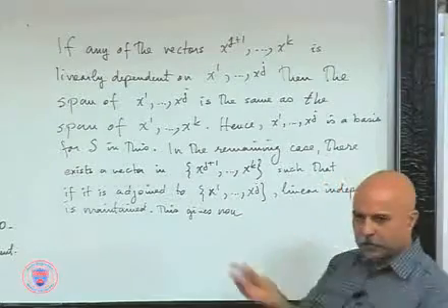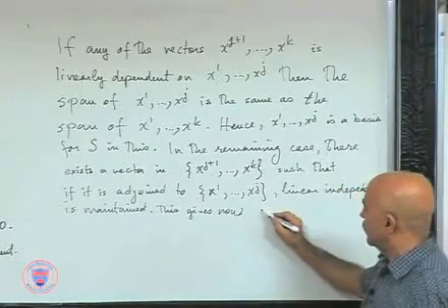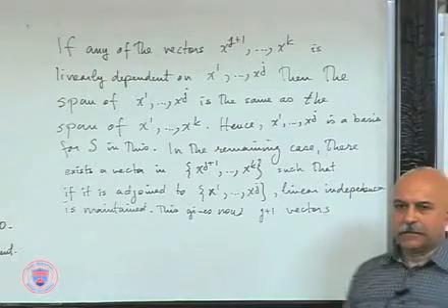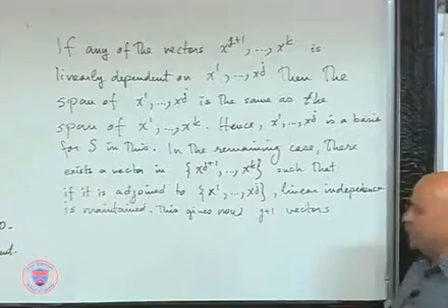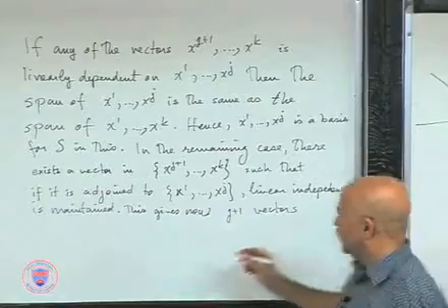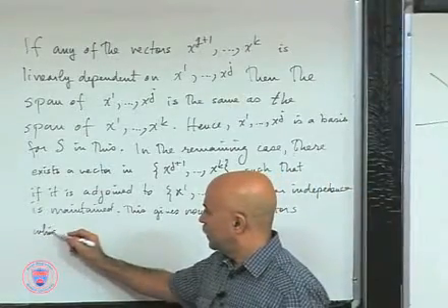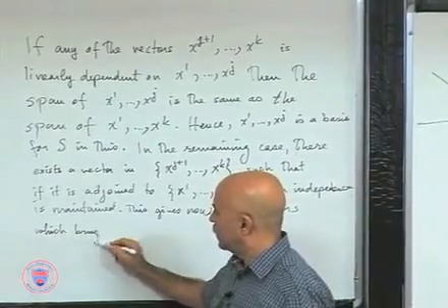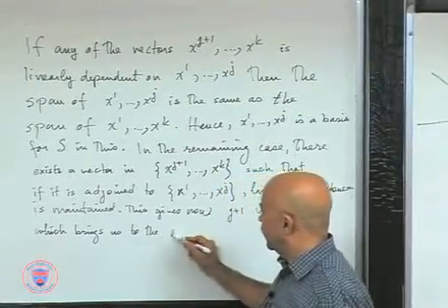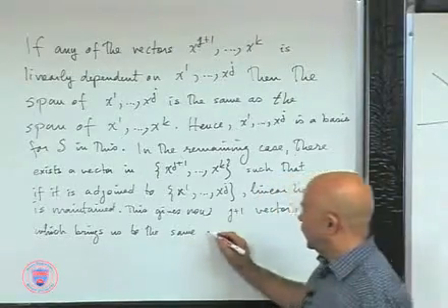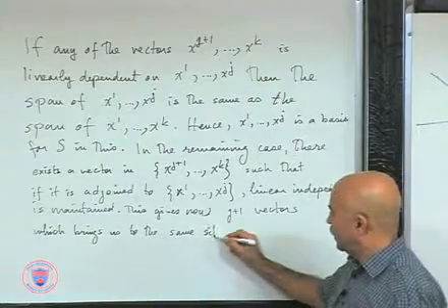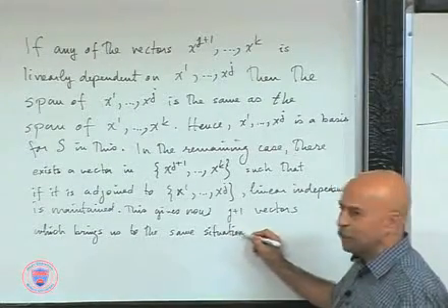And adding it to this new set gives now j plus 1 vectors, one additional vector, that are linearly independent. Which brings us, of course, back to the same situation, except that j is incremented by 1 now.